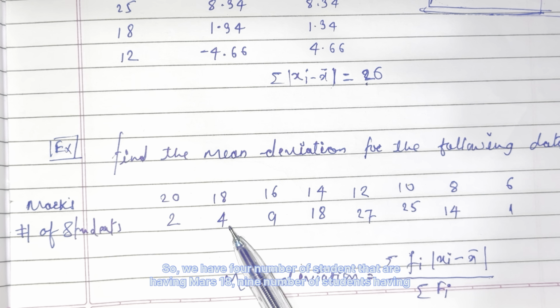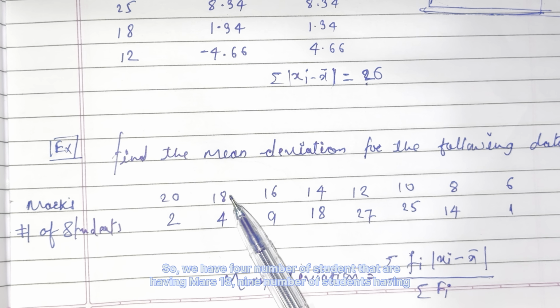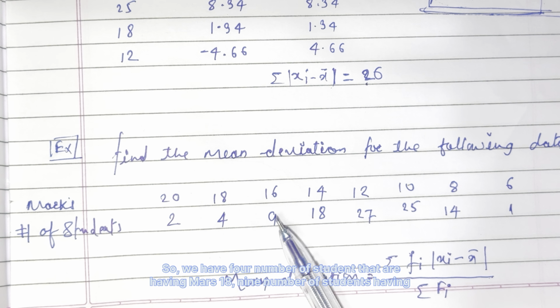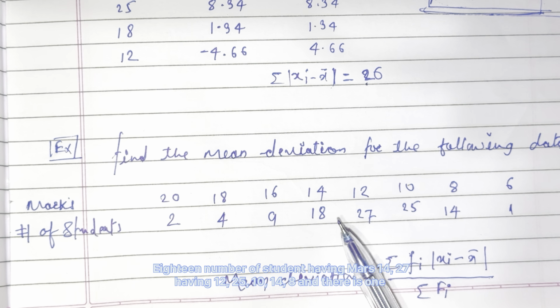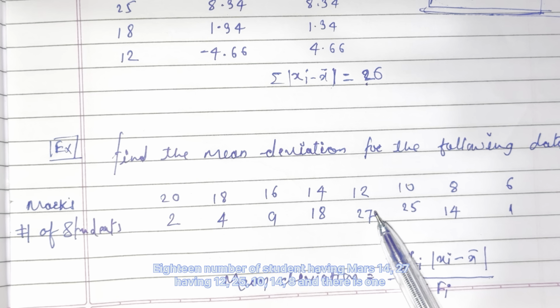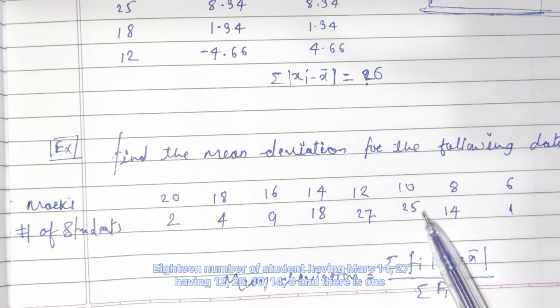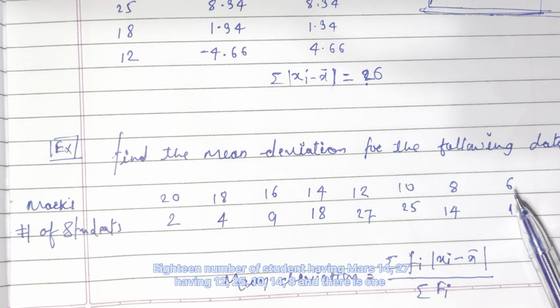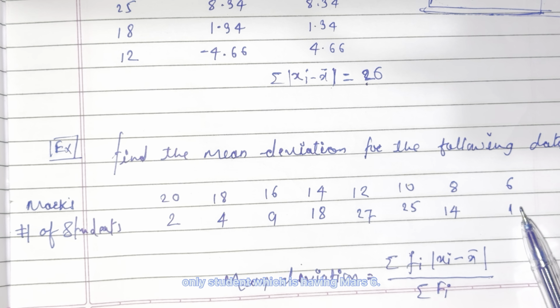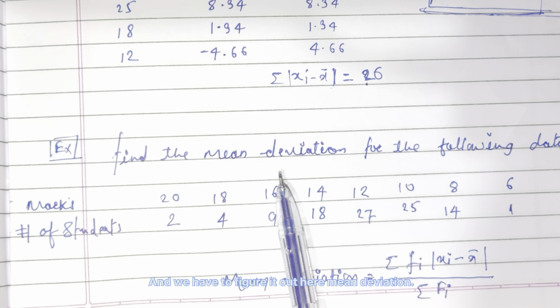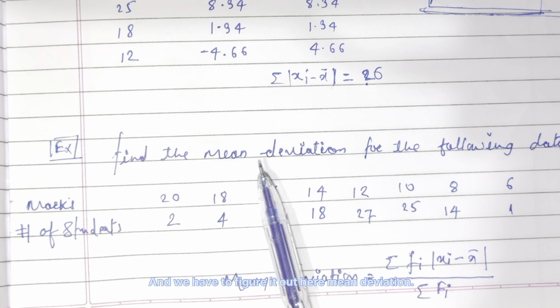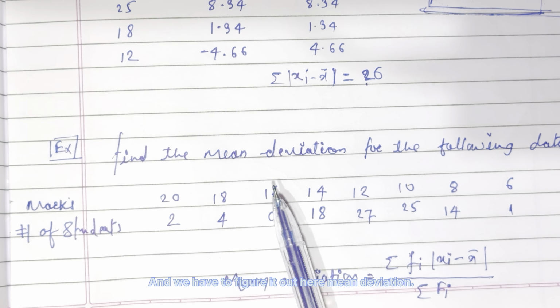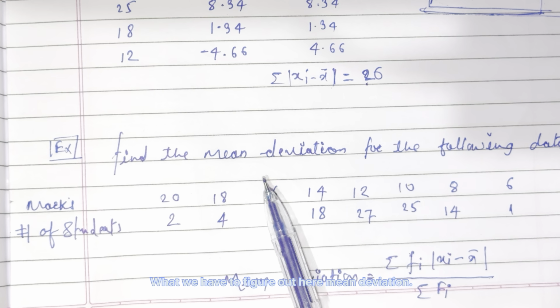So we have 4 students having marks 18, 9 students having marks 16, 18 students having marks 14, 27 having 12, 25 having 10, 14 having 8 and there is only one student having marks 6. And we have to find the mean deviation here.